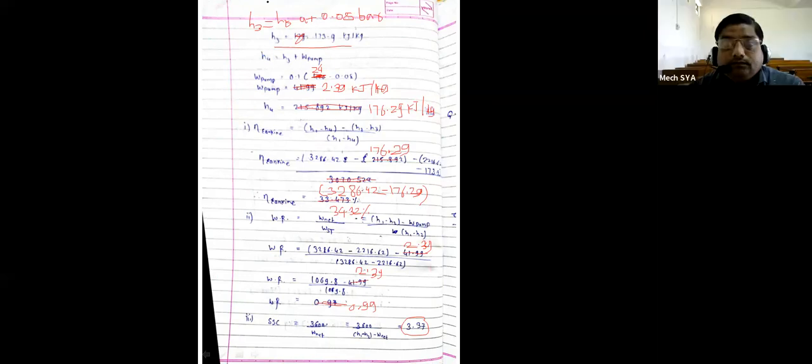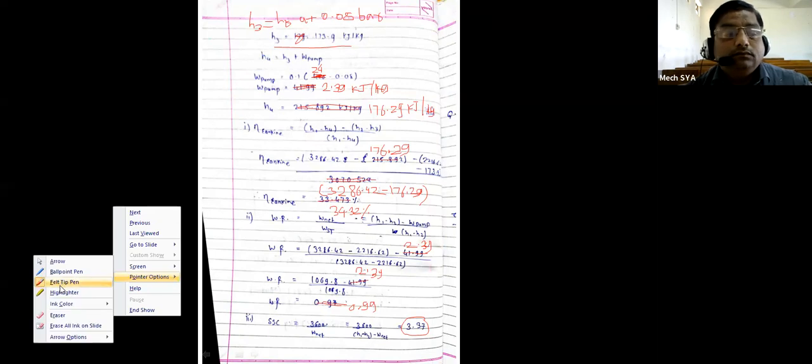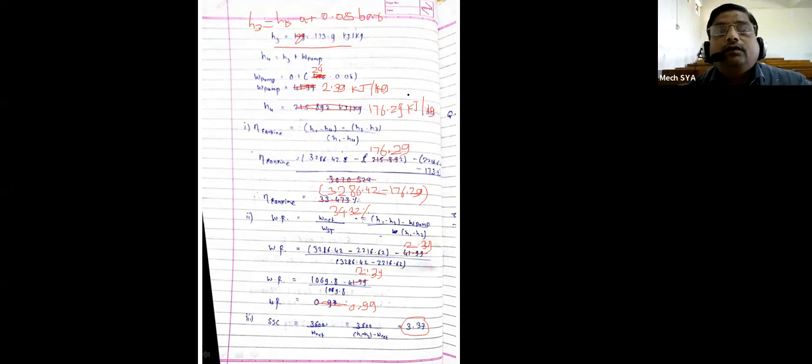Is the value correct or not? SSC is 3.56.